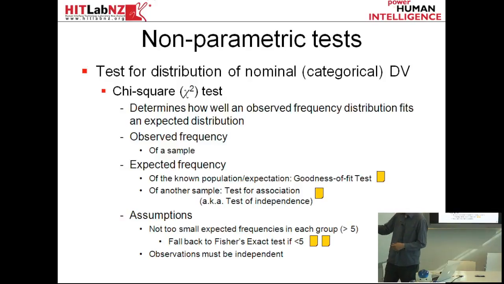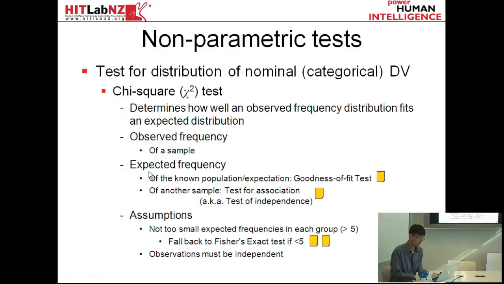So the main difference between the two is, if you are comparing your observation against a certain standard, then it's the chi-square goodness of fit. Otherwise, if you are comparing between two samples, then it's the test of independence or test of association. So that's what these two options are talking about.